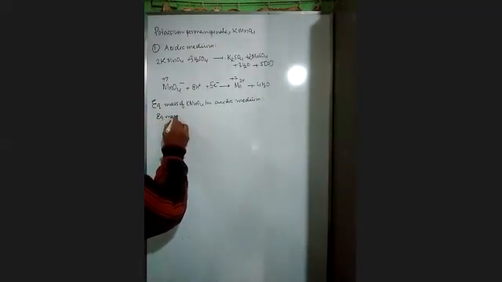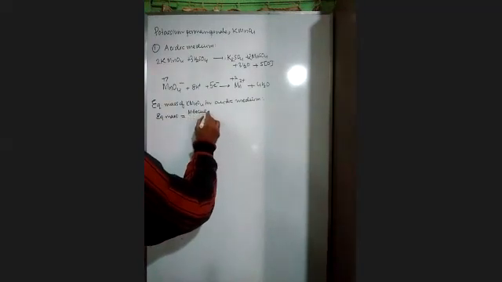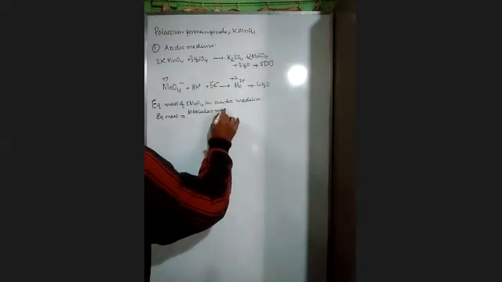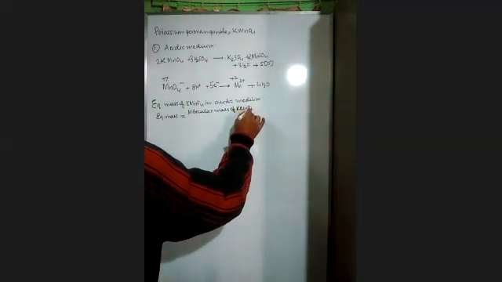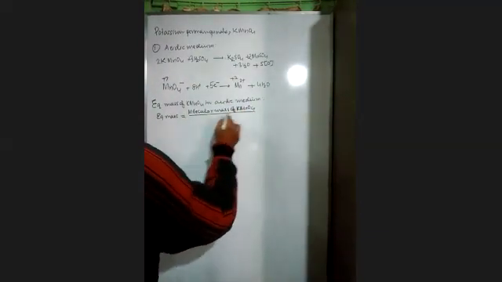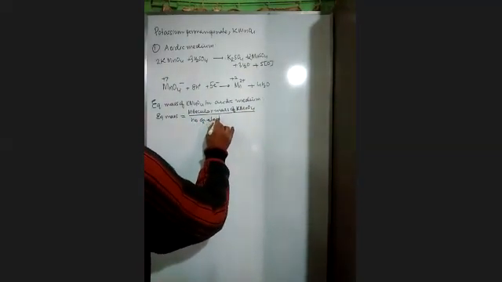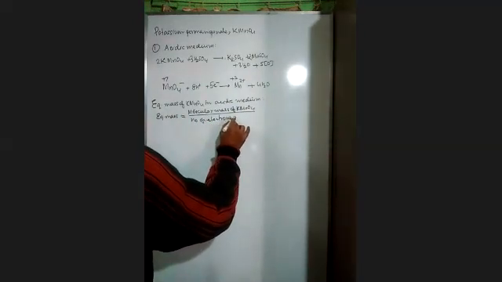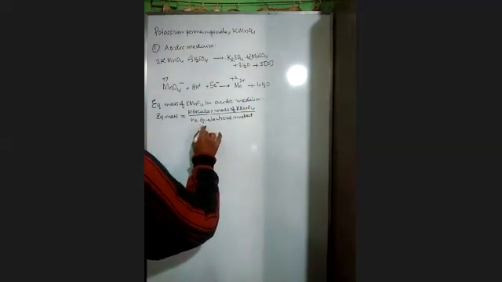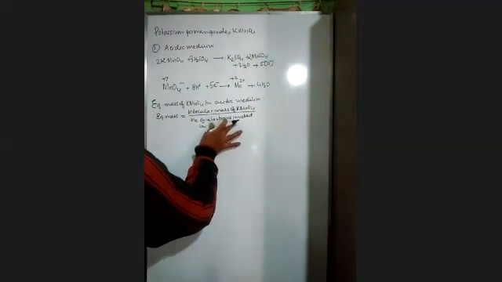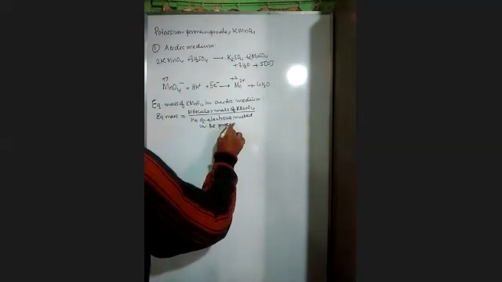Equivalent mass is equal to molecular mass of permanganate divided by number of electrons involved in the process.